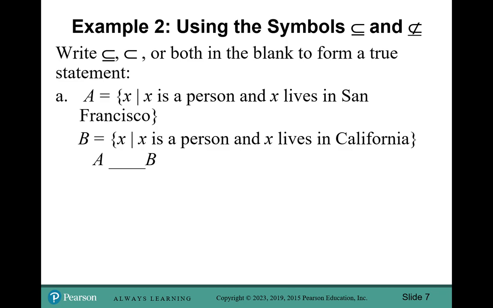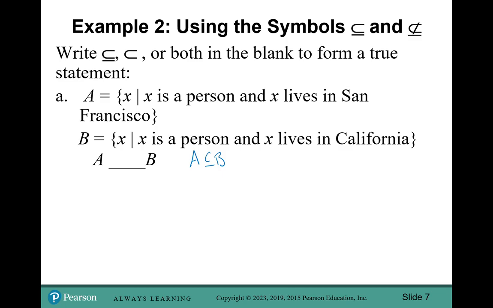I'm going to rewrite it over here. We are confident that A is a subset of B because if you live in San Francisco, you live in California. To determine whether it's a proper subset, we would have to determine, can there be elements in set B that are not in set A?